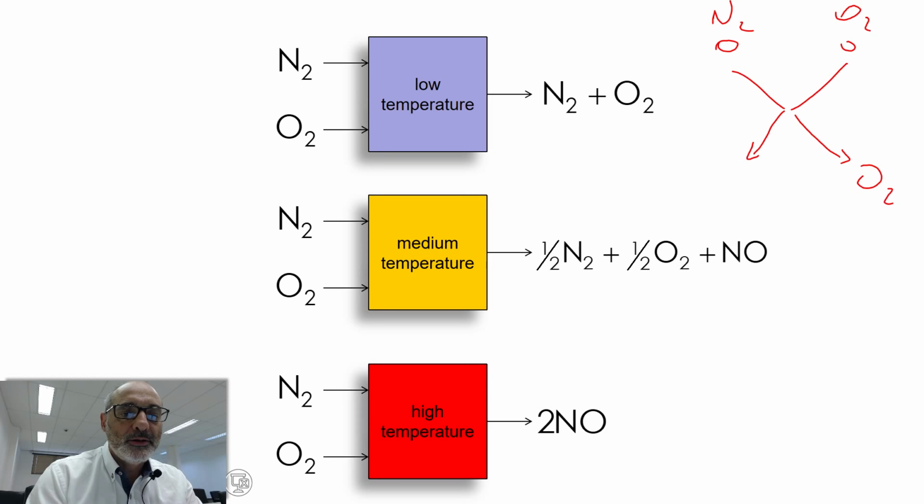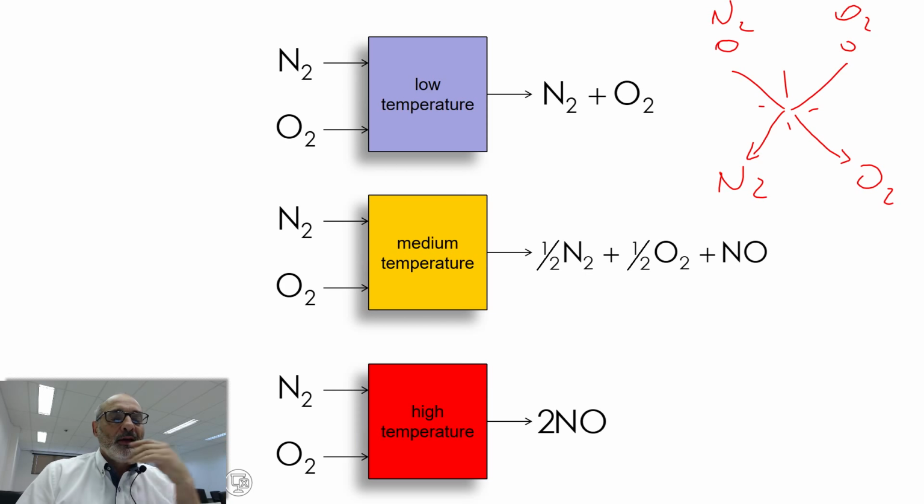So O2 continues to be O2 and N2 continues to be N2. This is at low temperature, meaning the velocity of these molecules is not high enough to disrupt the bond between one nitrogen atom and another atom of nitrogen.